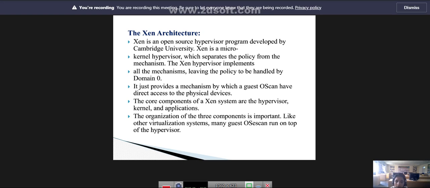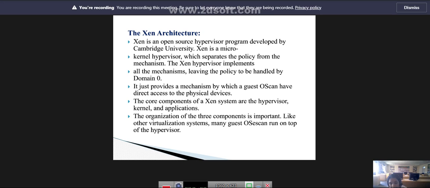The core components of the Xen system are the hypervisor, kernel, and applications. The organization of these three components is important. Like other virtualization systems, many guest operating systems can run on top of the hypervisor.